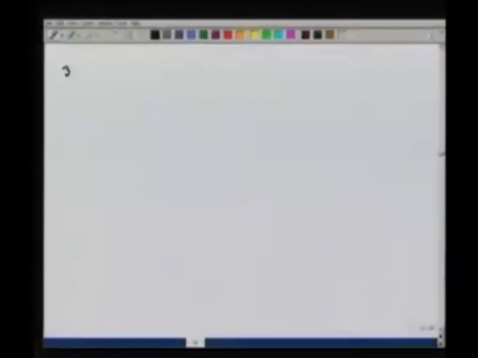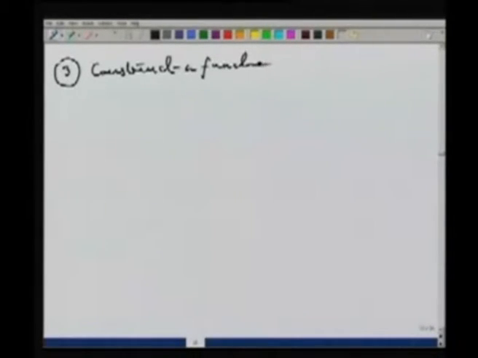So this is my example 3. Try to construct a function f such that f^(n)(0) is 0 for all n.